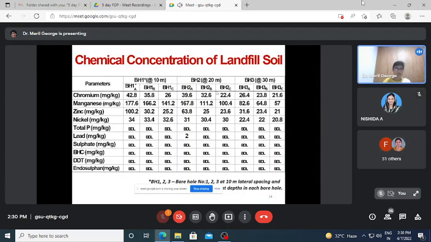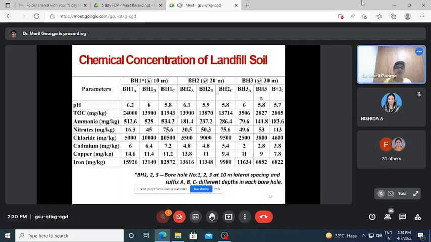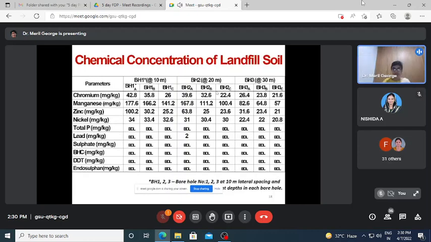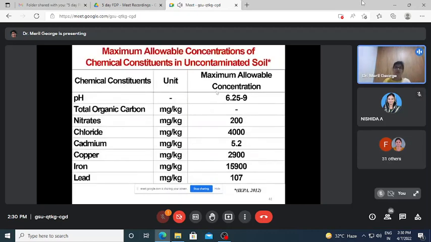And this is also the same. So we can see that the parameters such as nitrate, copper, iron, lead, manganese, sulfate, etc. in the soil sample are within the allowable concentration. I'll show you the maximum allowable concentration of chemical constituents.